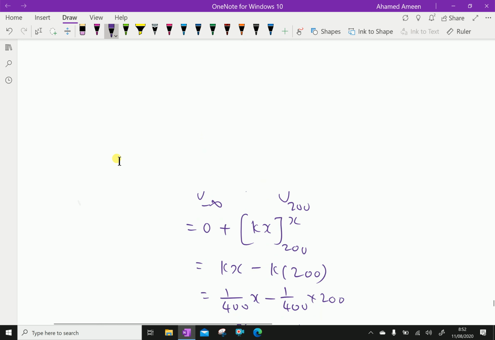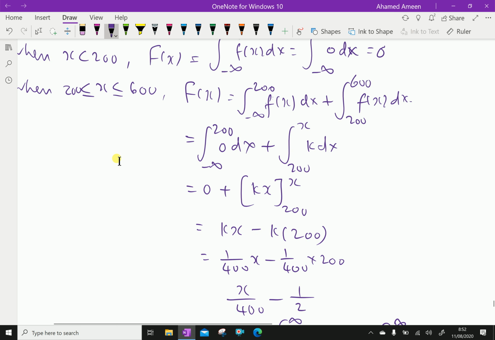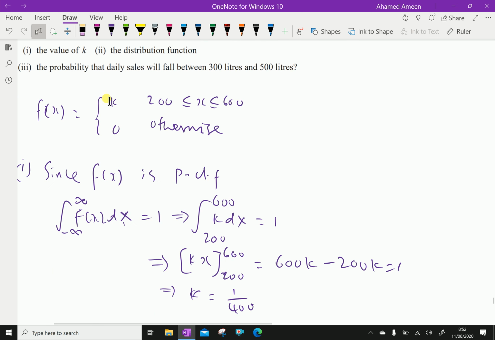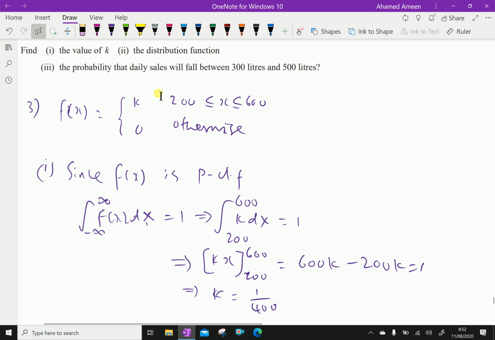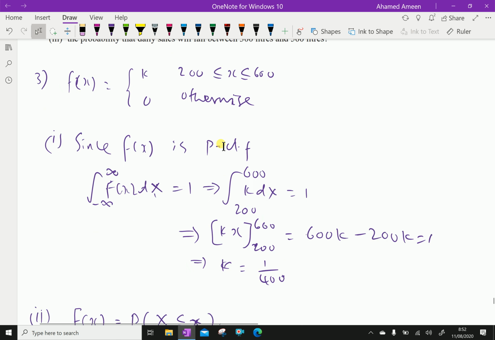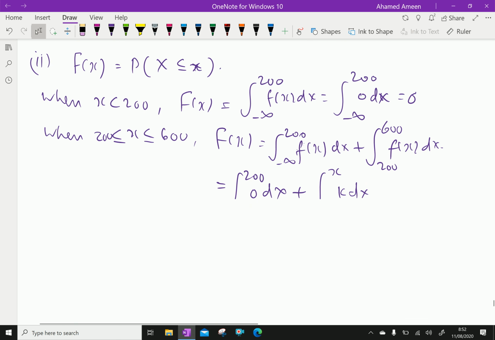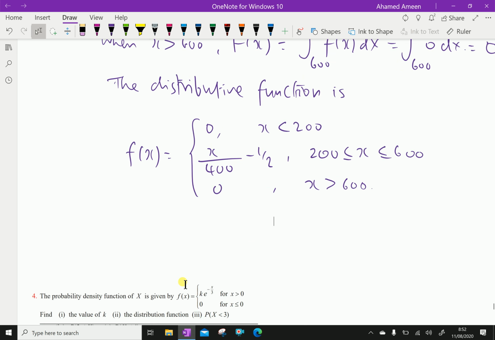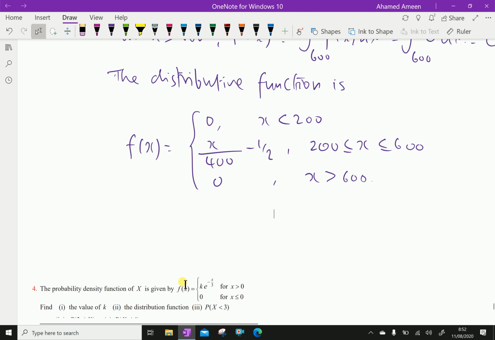Next we have to find the probability that daily sales will fall between 300 liters and 500 liters. That means you have to find the probability of selling milk between 300 to 500 liters.